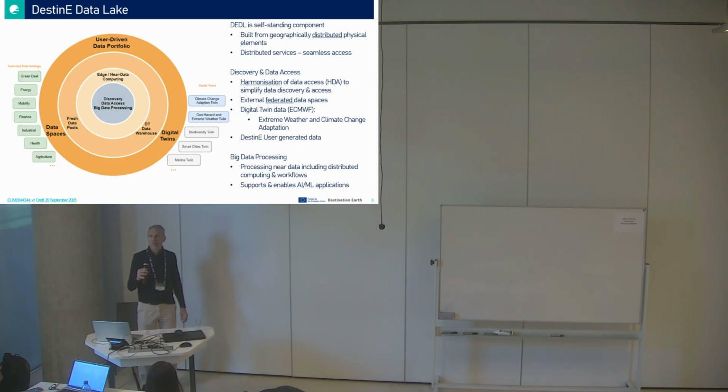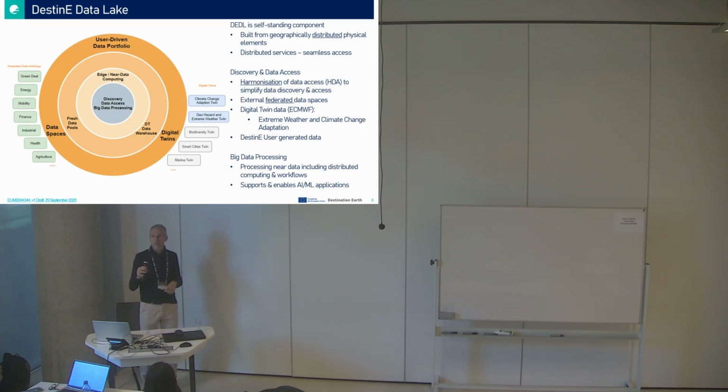And I mentioned before that the DEDL is a self-standing component, physically, geographically distributed, and we have distributed services as well. If you focus on the diagram on the left, you can go from the inside to the outside. So the three services, discovery, data access, and big data processing, are at the heart.